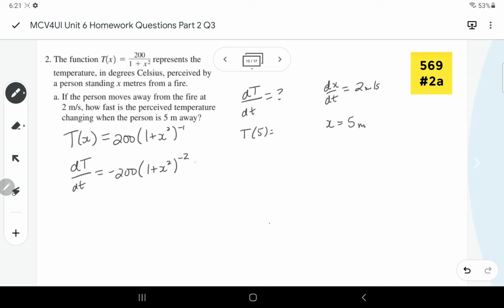So then I'd have the derivative of the inside stuff, which is 2x, and then the rate of change of that x function, because x is not just a variable here, it's a function of time. So dx/dt. I'm just going to throw in the numbers that I know. I know x is 5, I know dx/dt is 2, and that will give me the change in temperature over change in time here. So I've got negative 200 times (1 plus 5 squared) to the exponent negative 2, times 2 times 5 times 2.